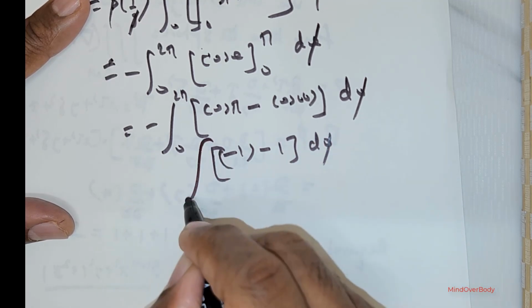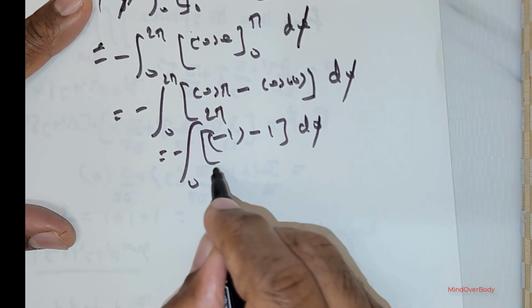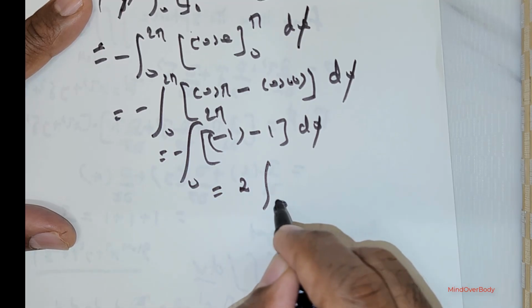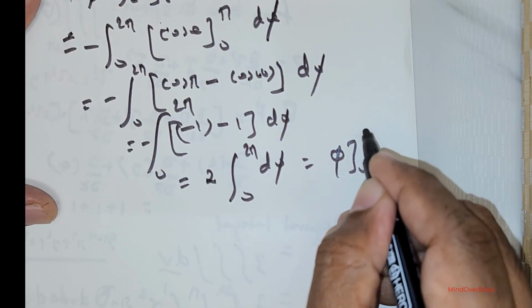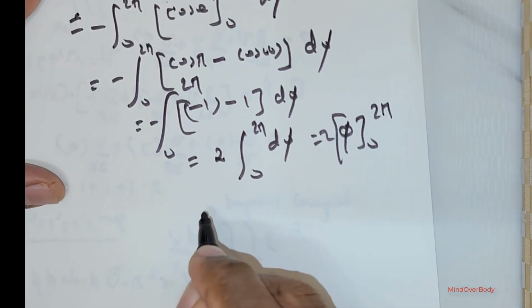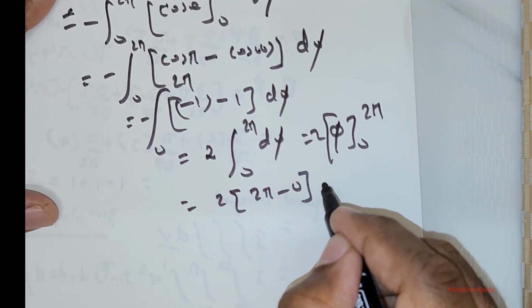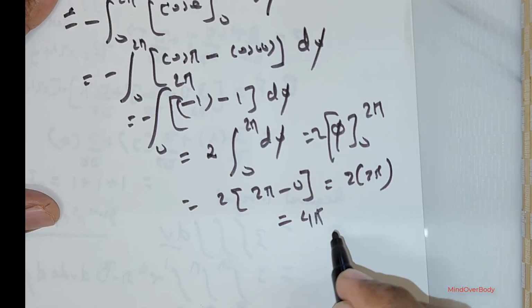So this is negative 2, so you get a positive 2 because of the negative sign. So 2 times the integral from 0 to 2 pi of d phi. You integrate this, you get phi. Limits are 0 to 2 pi, you have a 2 there. So this is 2 times (2 pi minus 0), which is 2 times 2 pi, which is going to be 4 pi.